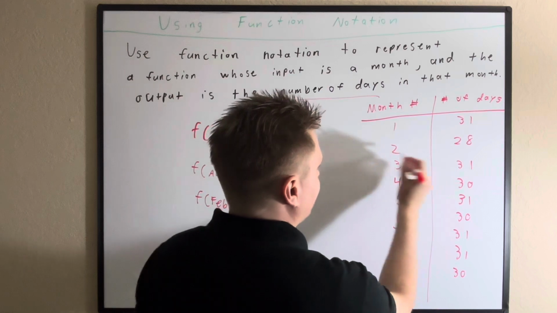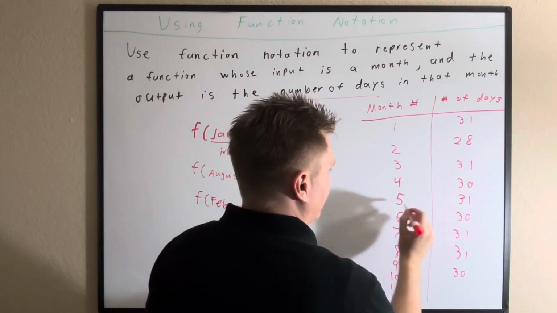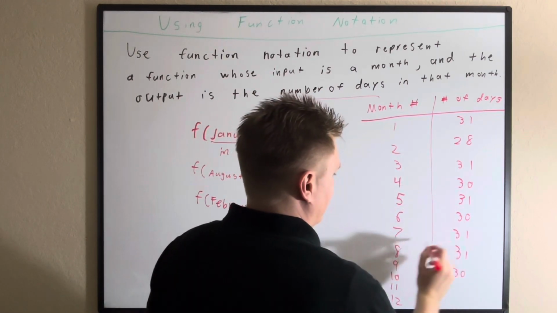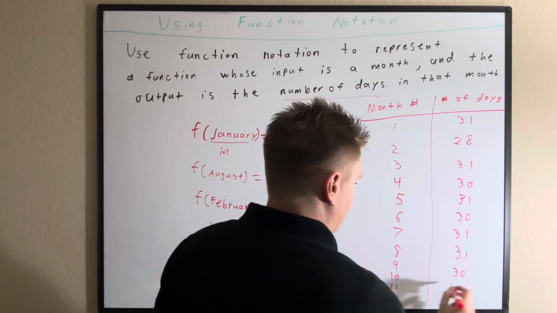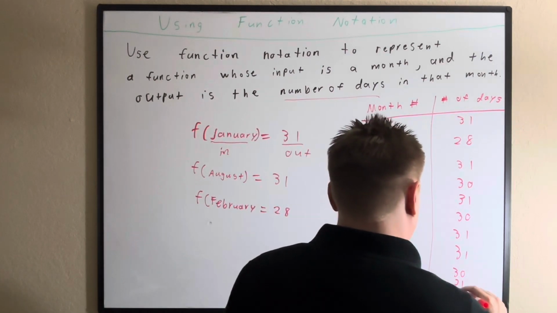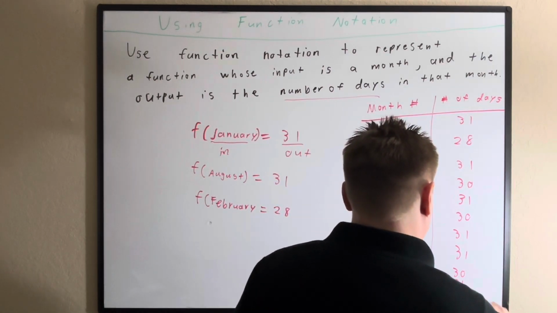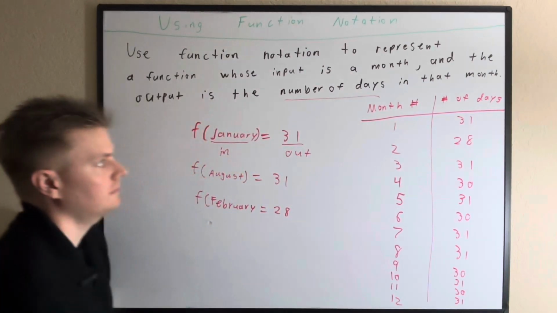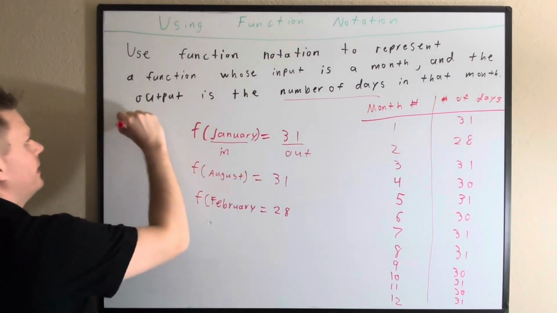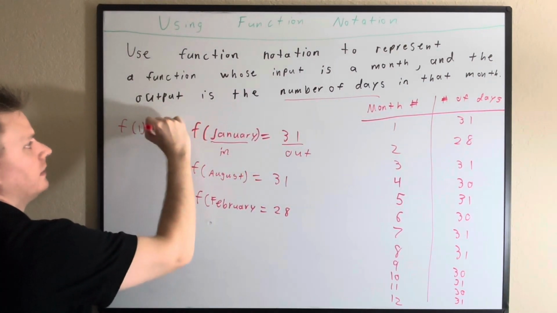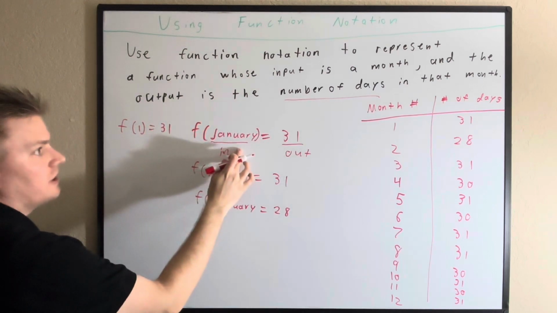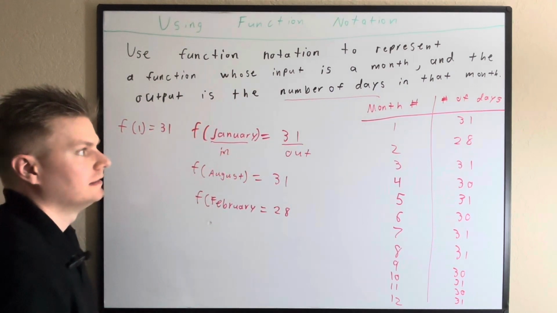Am I right? Yes. 31, 30, 31. And you could say F of 1 is 31. Same thing as F of January, right?